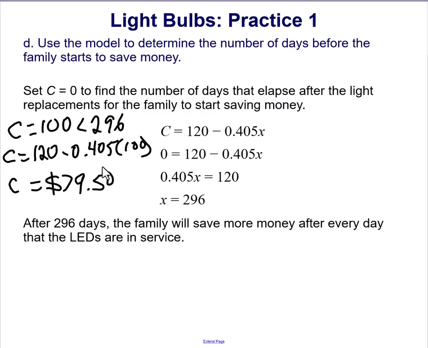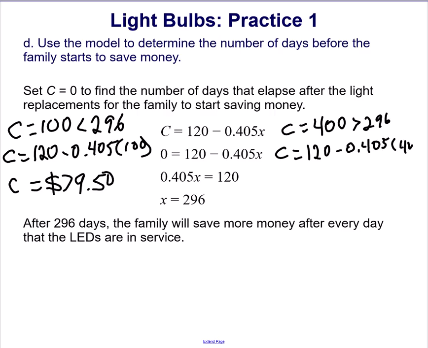But what happens after 296 days? Let's pick any number of days after 296. I'm going to pick an arbitrary number. I'll pick 400. 400 days, that is certainly greater than 296 days. And by the way, you can pick any number you want. I'm just picking random numbers. So C is equal to 120 minus 0.405 times 400. When I do the arithmetic, that's going to be equal to negative $42.